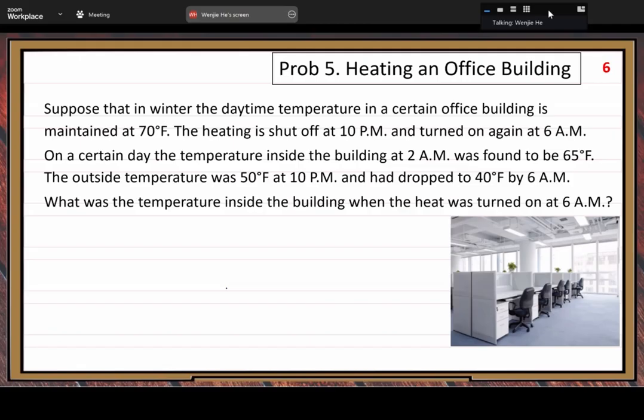Another interesting question. First, we need to understand the question. We need to comprehend the given information. If you just read the description here, it may not be easy to get the whole idea, right?